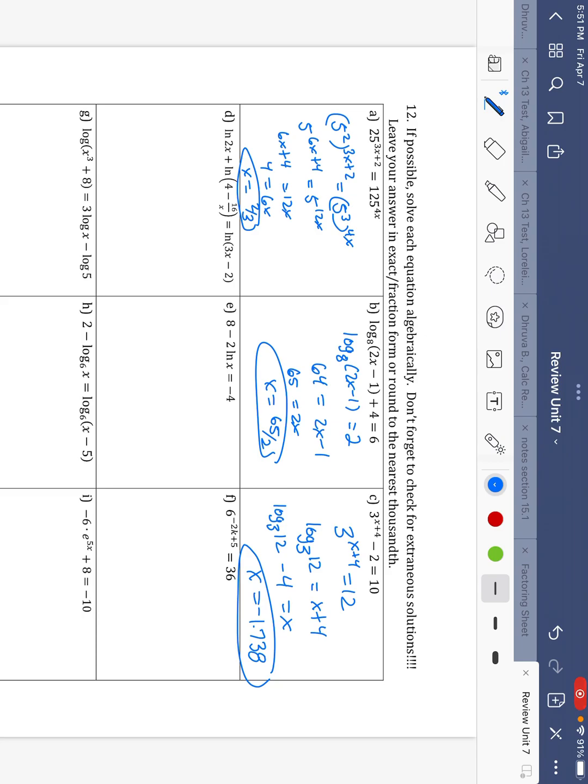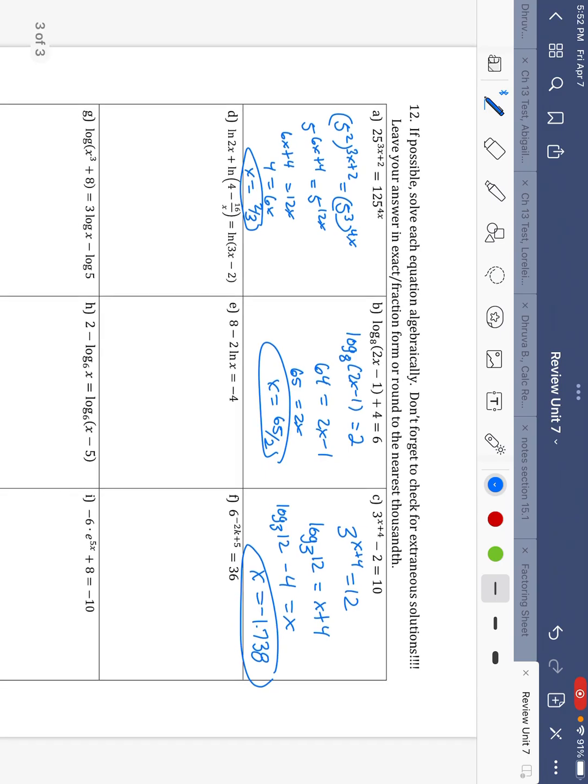All right, over here in letter D, I see all logs, and so I'm going to condense the left-hand side, and then I'm going to get rid of the log. So addition turns into multiplication. So I have ln. I'm going to be multiplying 2x by this 4 minus 16/x equals ln of 3x minus 2. All right, so basically I can drop the logs now.